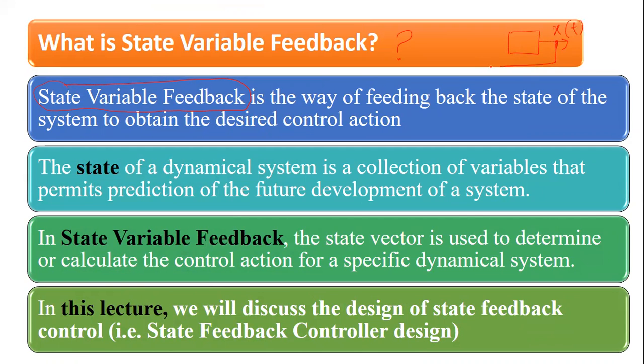This state is being fed back to the system. So here you have the control signal, u(t) if it is time domain. If it is discrete, then it is u(k).